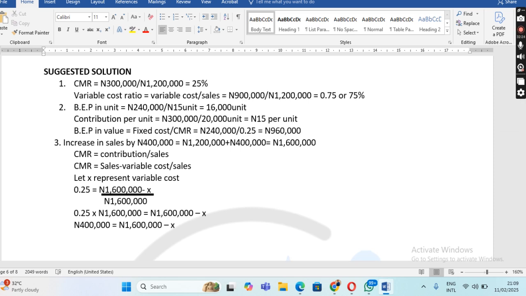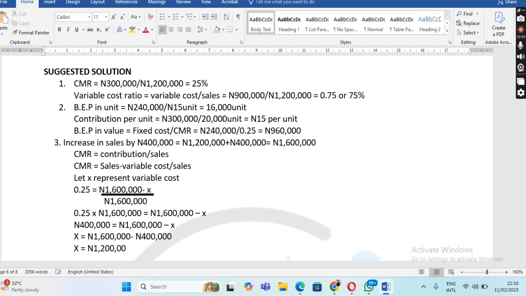Class, if you do mathematics for school, what do we do now? x equals 1.6 minus 400,000. What is your x? Class, 1.2 million naira. 1,200,000 naira. Thank you.